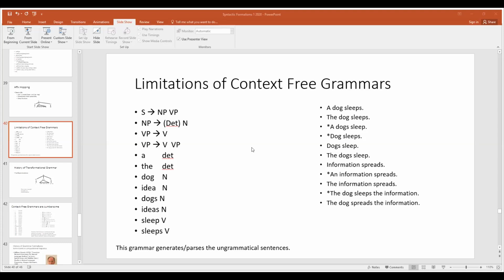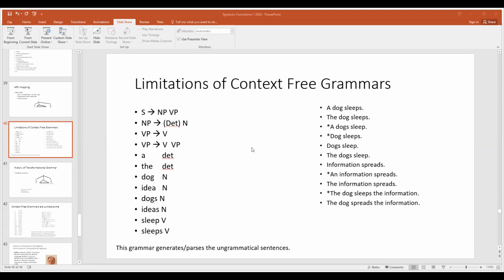So you can see here that I've added a lexicon, which in addition to having determiner, noun, and verb, actually has complex categories: determiner singular count, determiner singular mass, determiner plural count.